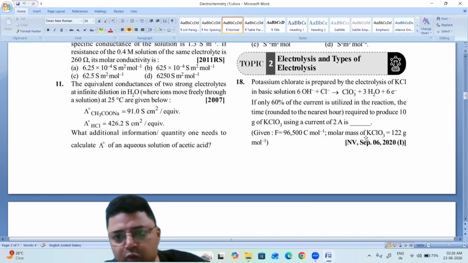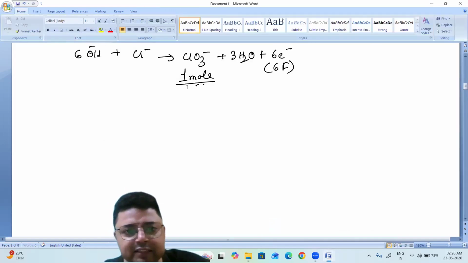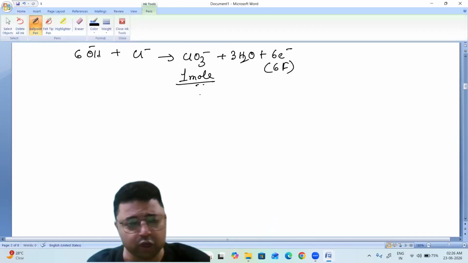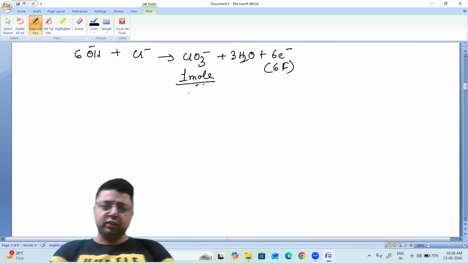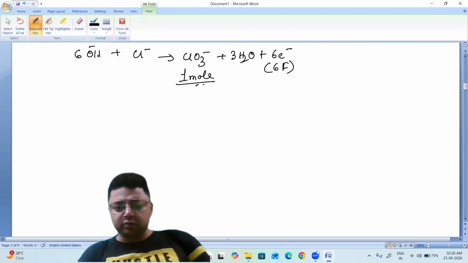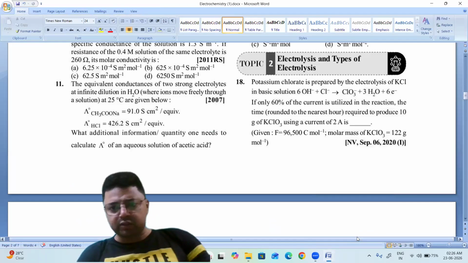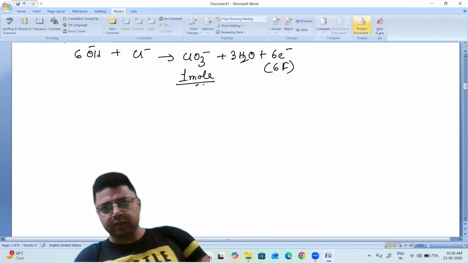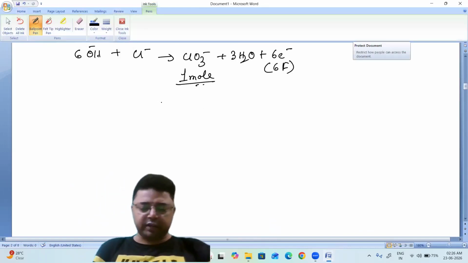Now they have given you the molar mass of KClO3 is 122 gram per mole, meaning the molecular weight of KClO3 is 122. And Faraday is also given, 96500 coulombs. Yes, 1 Faraday is 96500 coulomb per mole. So they have given you these two things already.